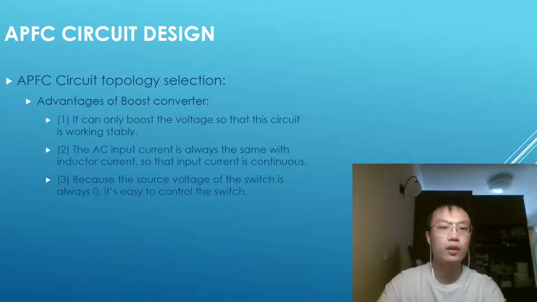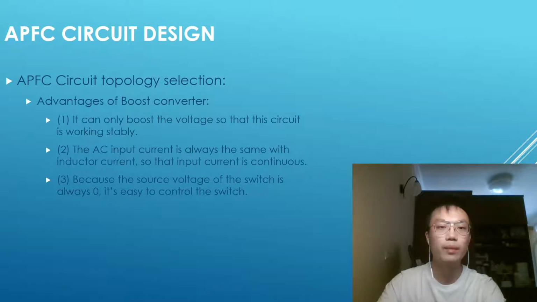When boost converter is the main circuit of PFC, it can only boost the voltage so that the circuit is working stably. The inductor L is charged when switch S is on, and when switch S is off, L is discharged. The AC input current is always the same as inductor current, so that input current is continuous.